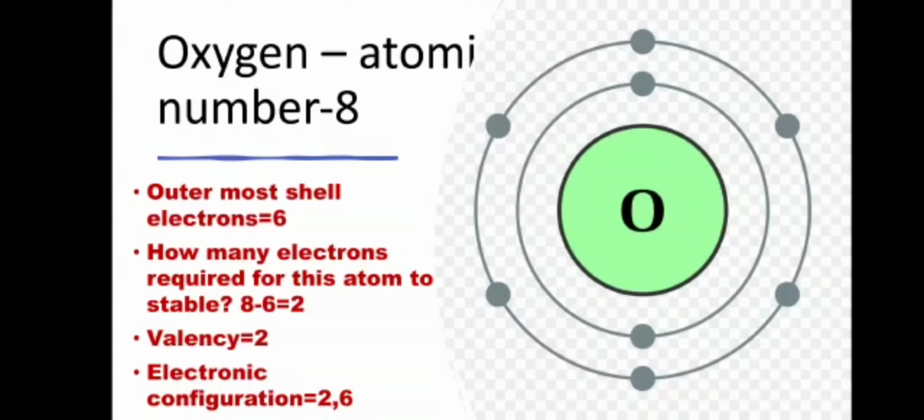What is the valency here? Outermost contains 6 electrons. More than 4 means we need to subtract the outermost electrons from 8. So 8 minus 6 is equal to 2. So valency is 2.